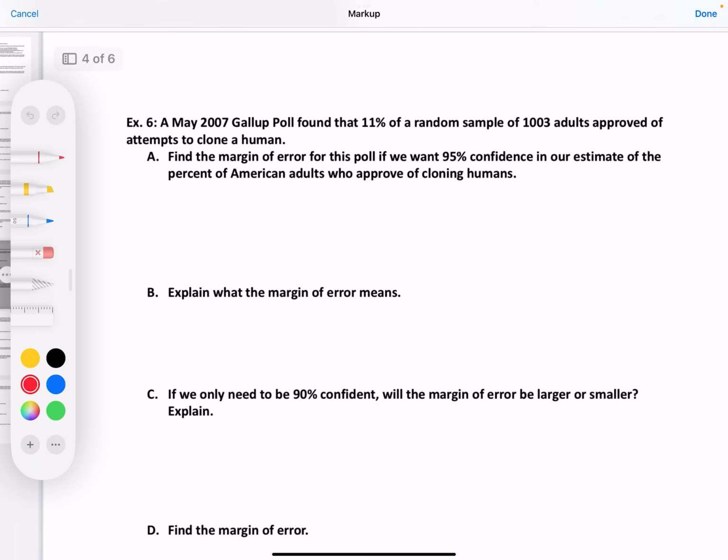So we're going to use our formula for margin of error, which is z star times the square root of p hat q hat over n. Do you remember what z star for 95% is? No. It's 1.96.